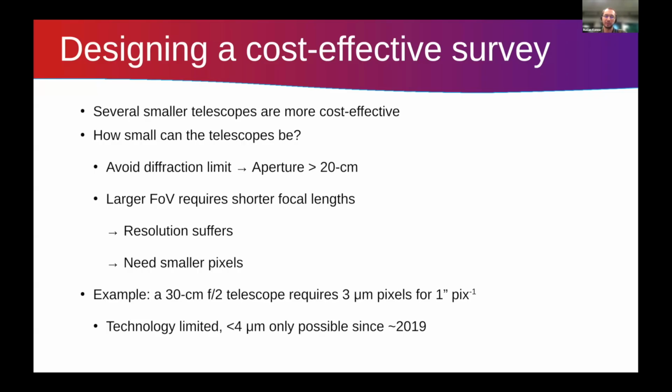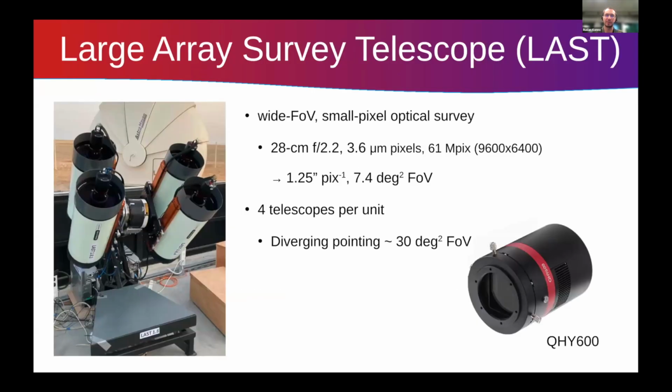So there's a technological limitation here. For example, sub-4 micron pixels have only been on the market commercially since 2019. But this is the origin of LAST, which is exactly a survey telescope that uses small telescopes with a wide field of view and small pixel size.